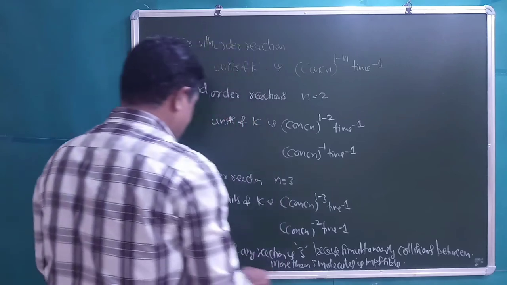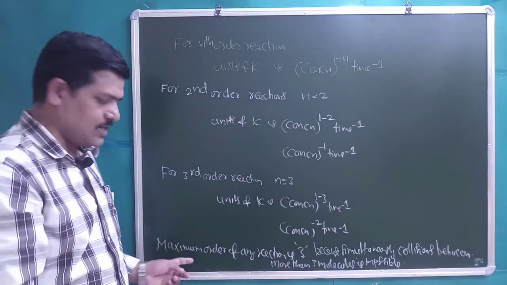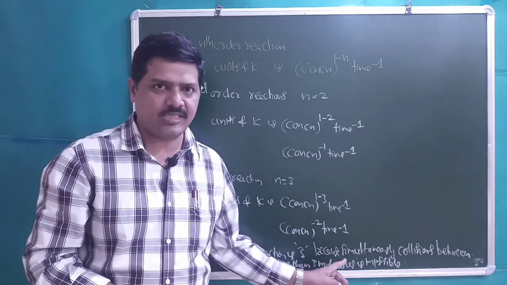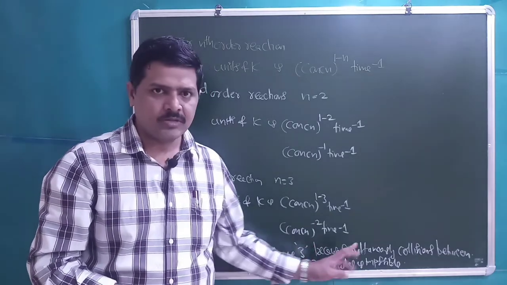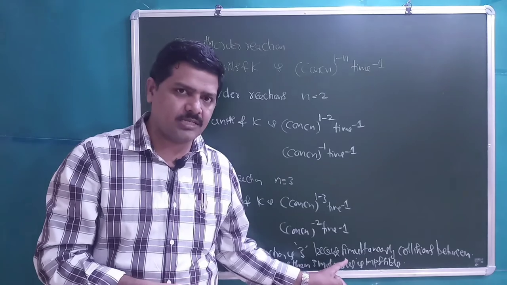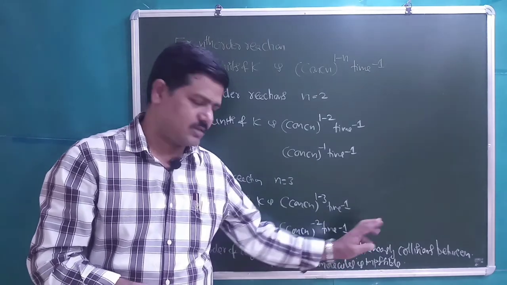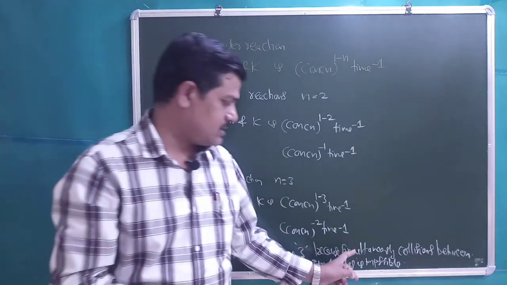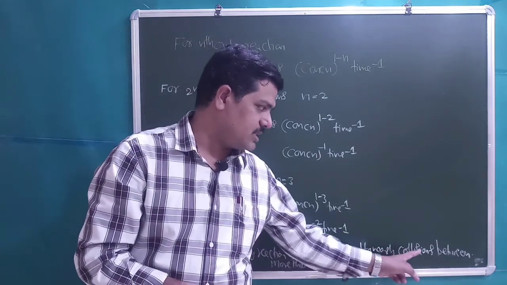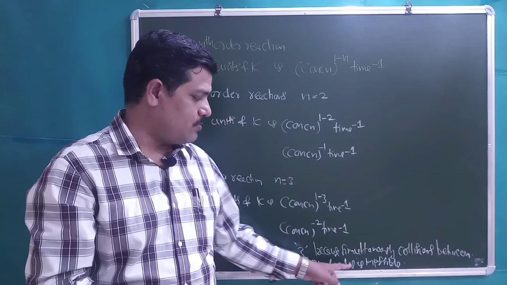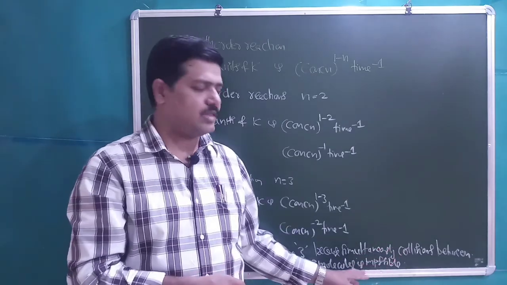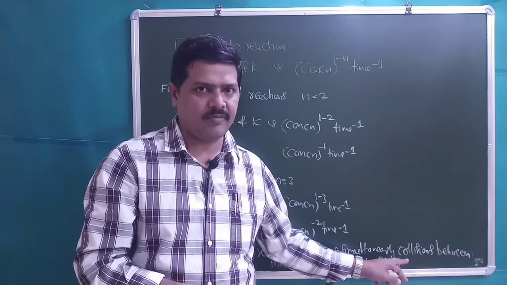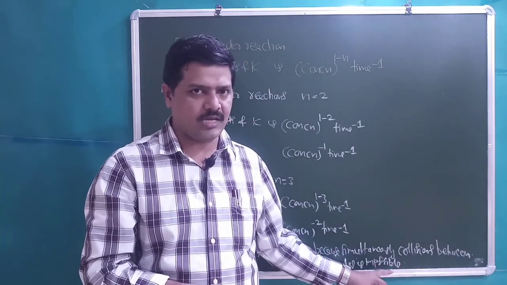Students, in detail about this statement: the maximum order of any reaction in nature is generally 3 only. Reactions with order more than 3 are generally not possible in nature, because more than 3 molecules cannot collide simultaneously at a time. We will learn this clearly in the topic collision theory, right?